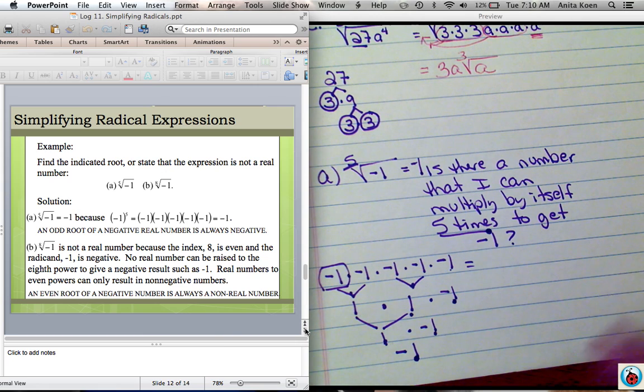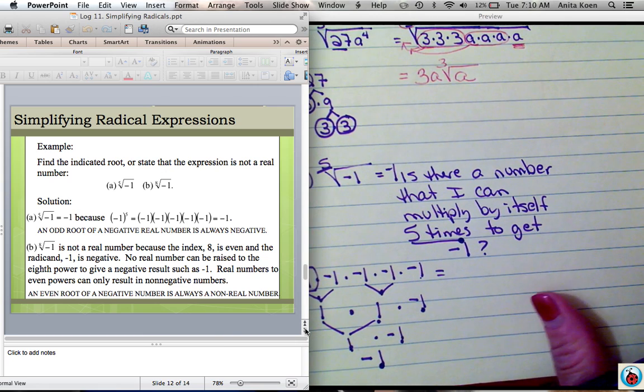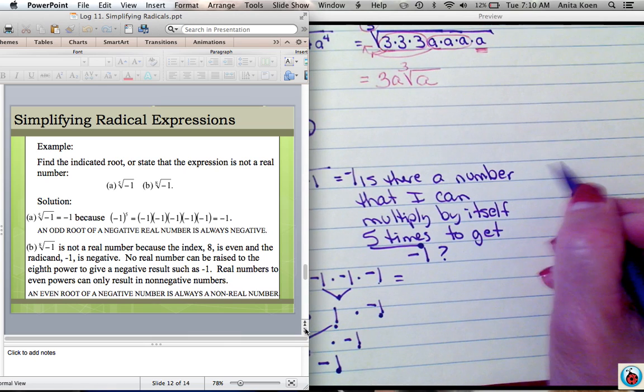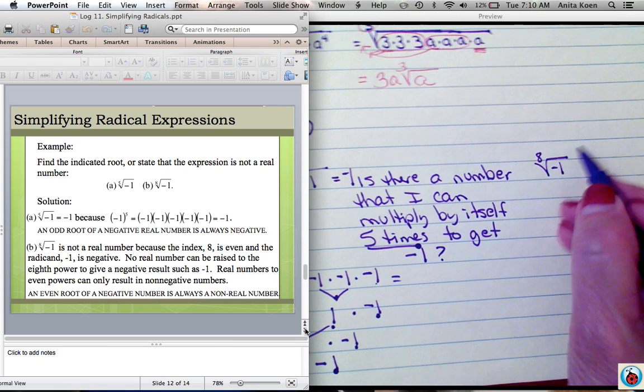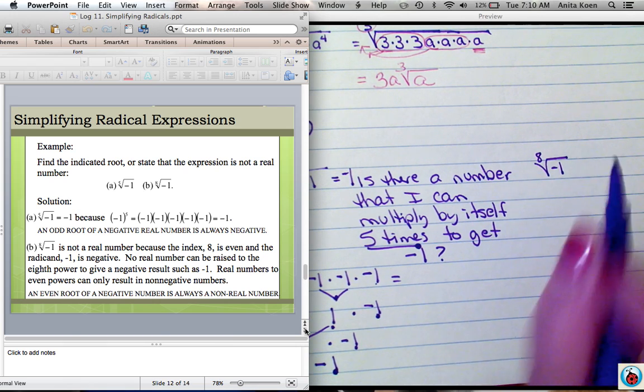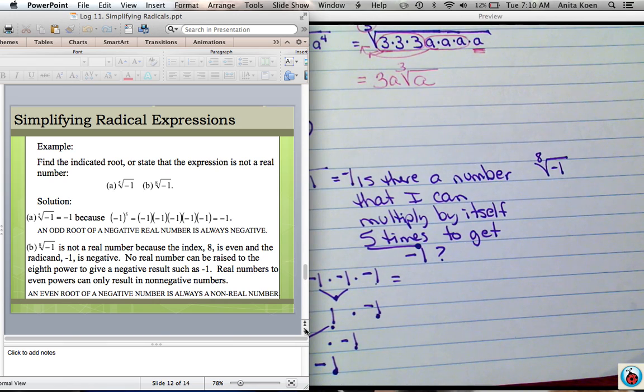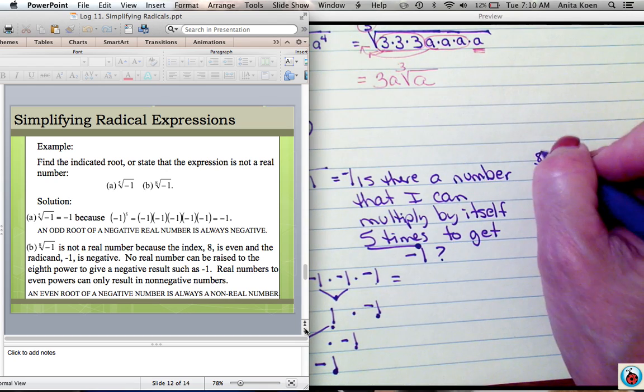Now this next one is asking me the same question, but it's saying, is there a number that I can multiply by itself 8 times and get negative 1? And the answer here is no, because the 8, that index, is even.